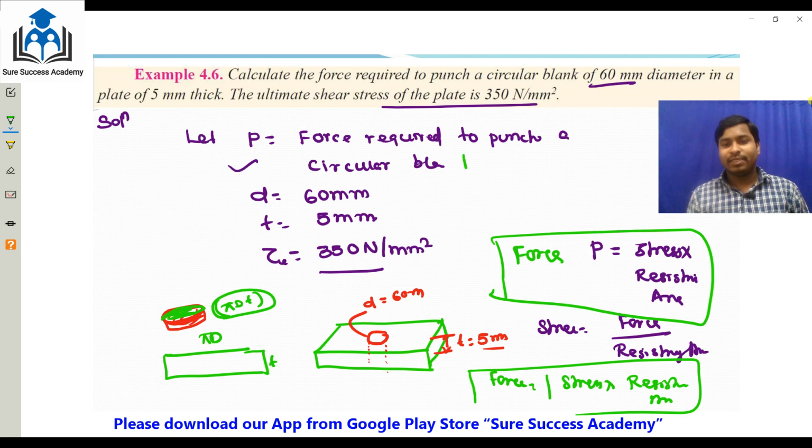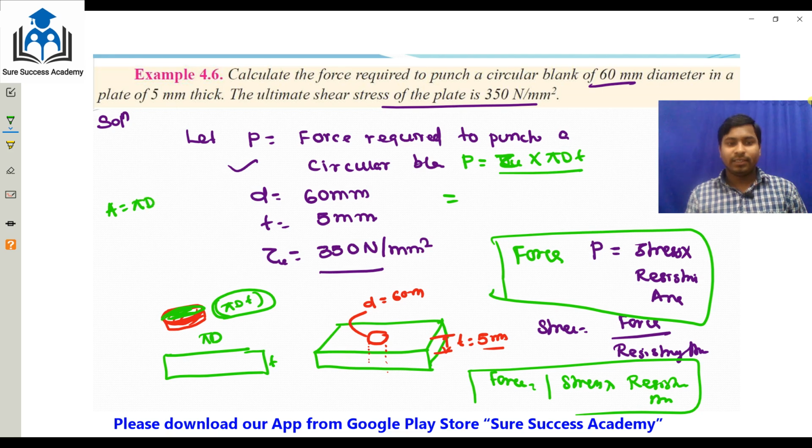So I can write P is equal to resisting or ultimate shear stress into resisting area, which is equal to pi d t. Now we can put the values, d and t are given. You can calculate the area now.